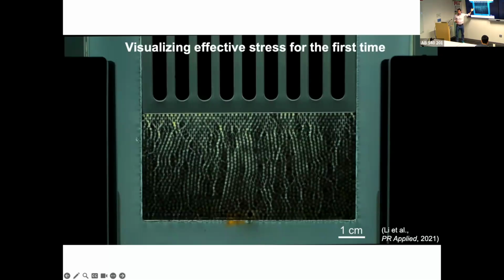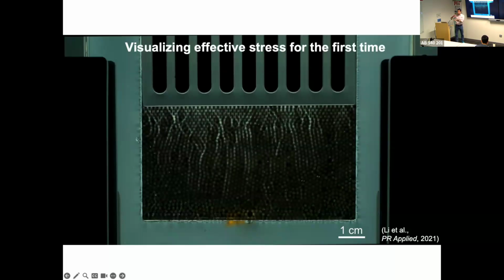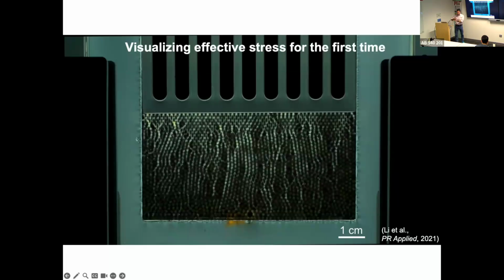Incidentally, in Terzaghi's consolidation, the ultimate state is one in which you have uniform effective stress, which you don't see here. Why? Well, because in Terzaghi's consolidation, you have a laterally extended medium, a column extended in the horizontal direction.